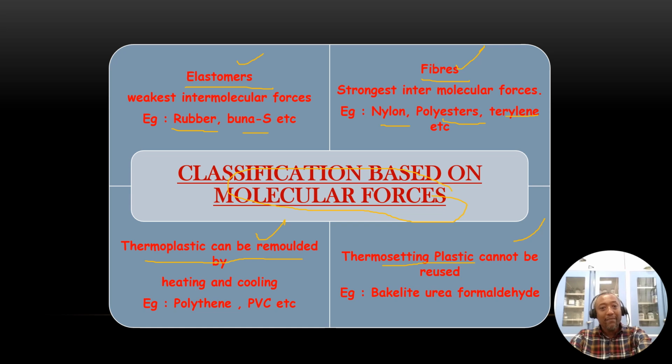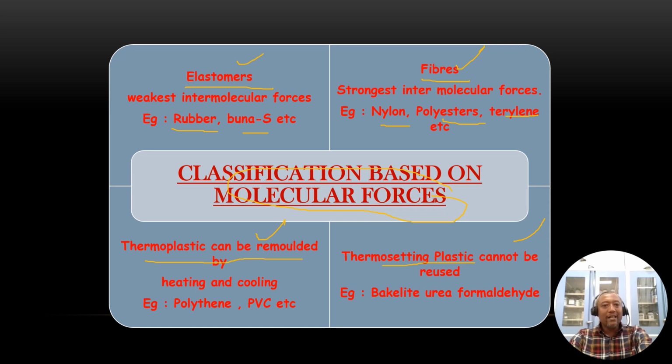What is their basic difference? Thermoplastics can be remolded by heating and cooling, whereas thermosetting polymers cannot be reused. That's the basic difference. Thermoplastics can be molded and reused, but thermosetting polymers are not used further.